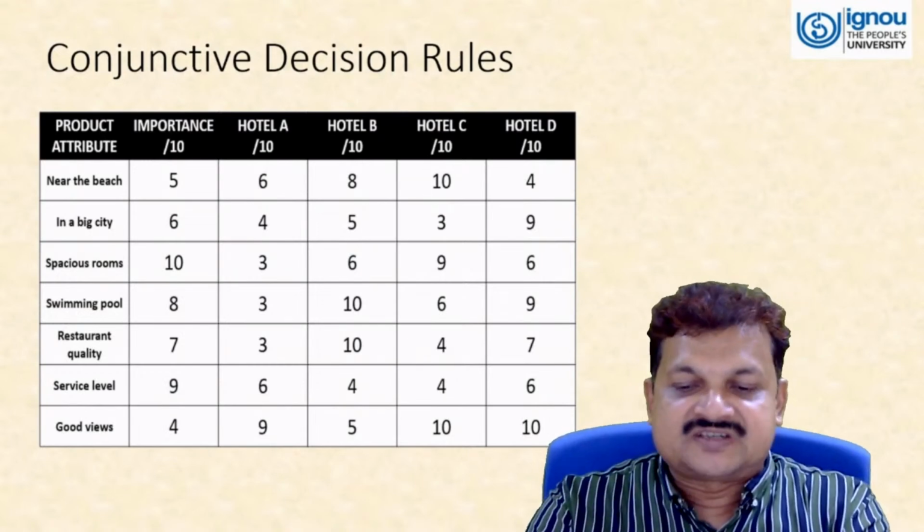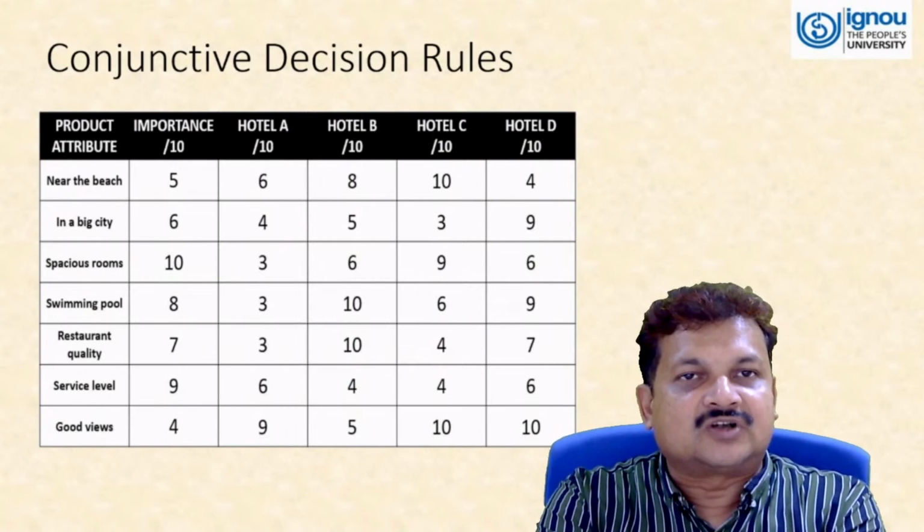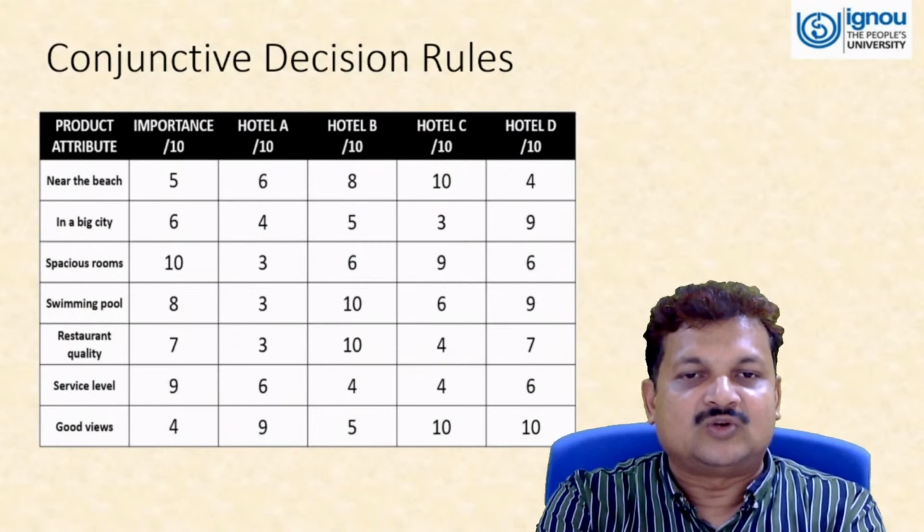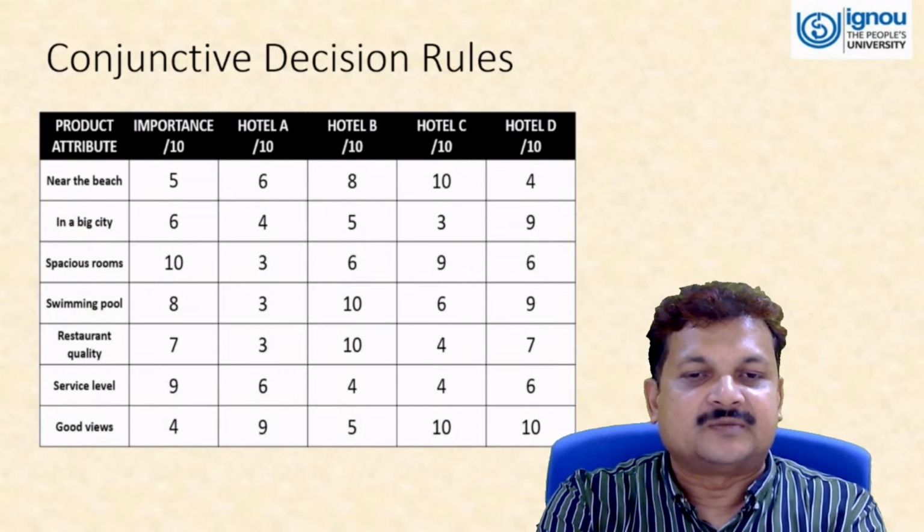So in this case, if you calculate 8, 5 is 13, 13, 6 it is coming 19, then 20, 39, then 9, it is coming 48.